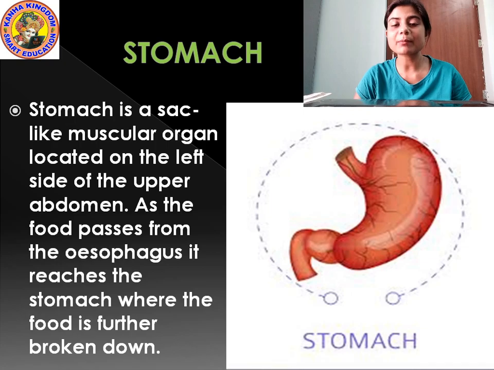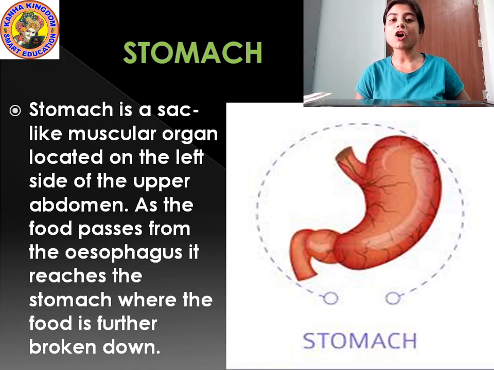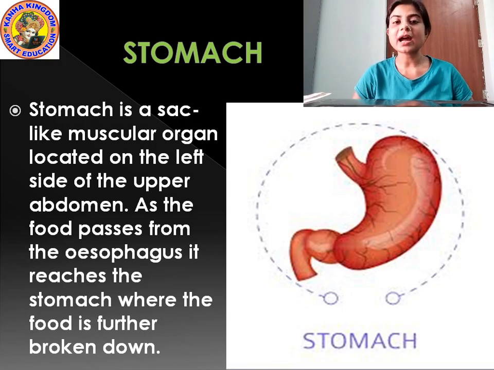It is situated on the left side of the upper abdomen, not downwards, below the chest. Below the chest, on the left side lies your stomach, which is a sac-like muscular organ.